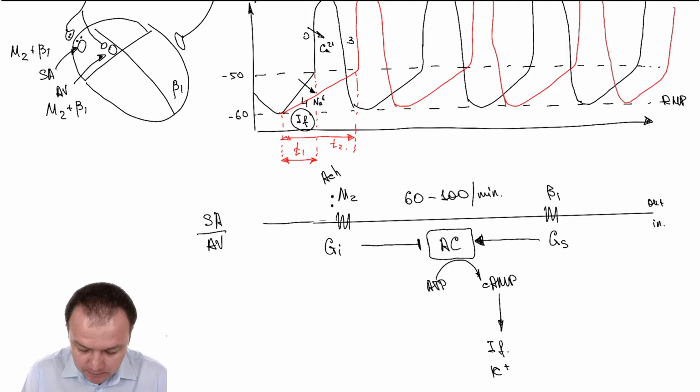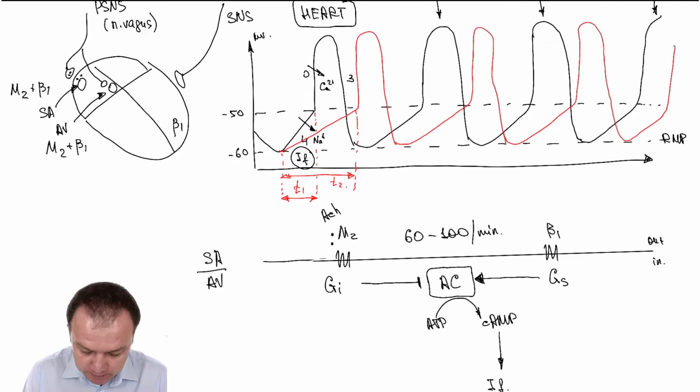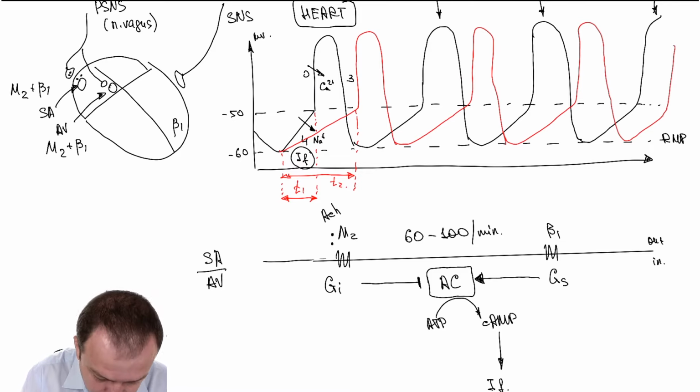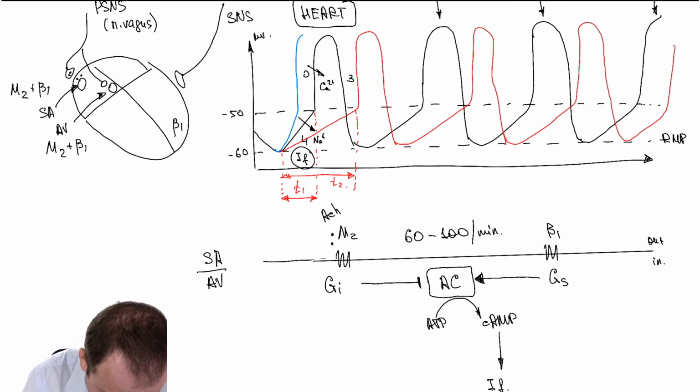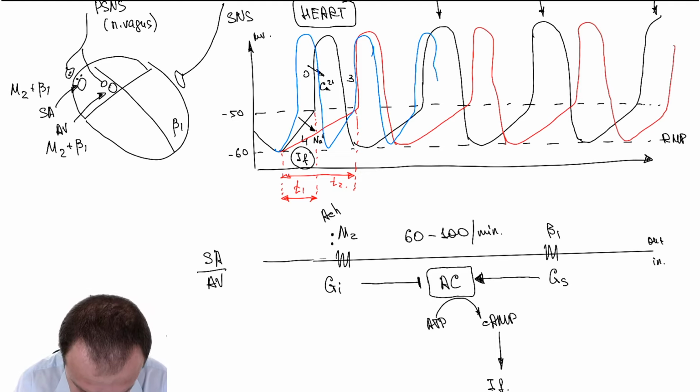If we have stimulation of beta 1 adrenergic receptors, we have greater current and faster generation of action potentials in the sinoatrial node.